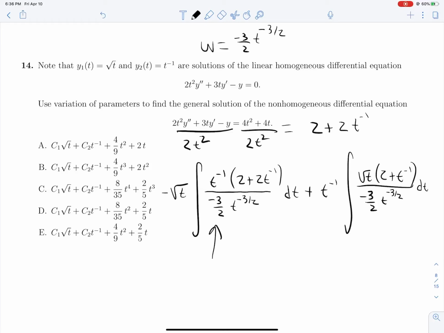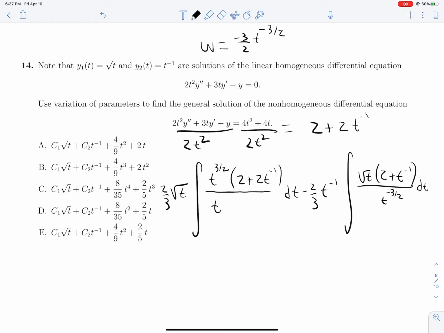This -3 over 2 in our denominator can come out as 2/3. That simplifies things a little bit. What else can we do to make our lives a little bit easier? Well, we can move this t to the -1 down to the bottom and move this t to the 3/2 up to the top.